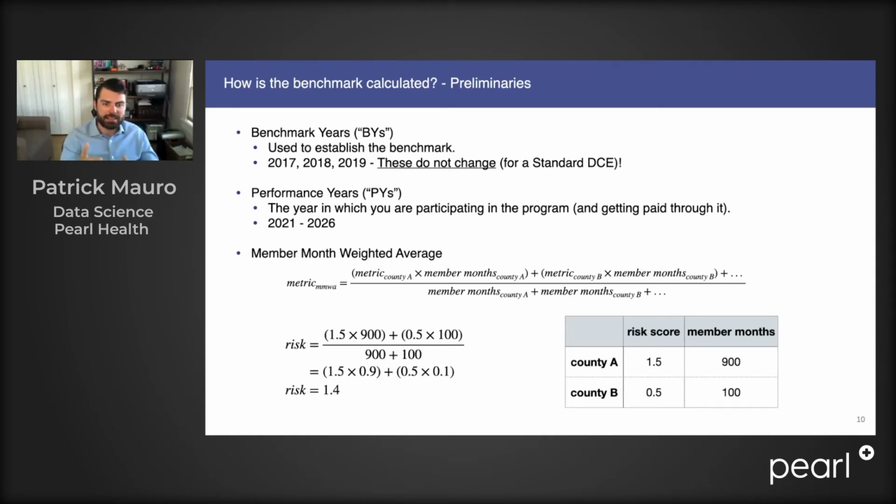There's one last concept. This will creep in a bunch of places in these calculations. It's the concept of a member month weighted average. So CMS determines how many members you had per month attributed to you in direct contracting. And that's the member months.